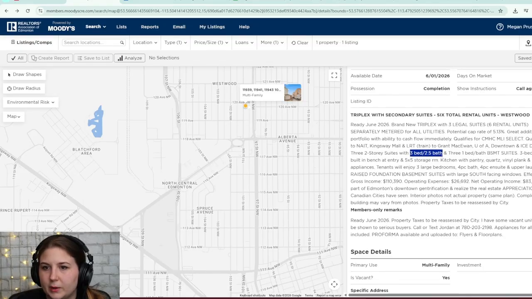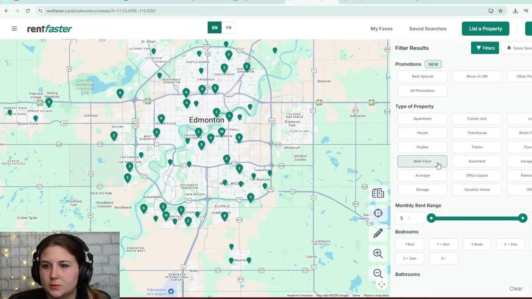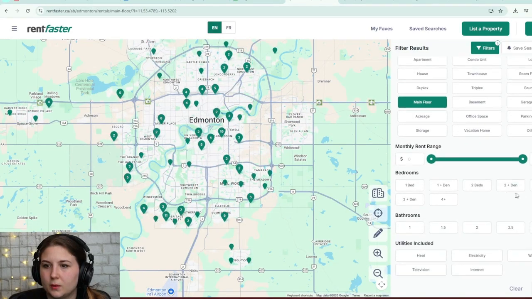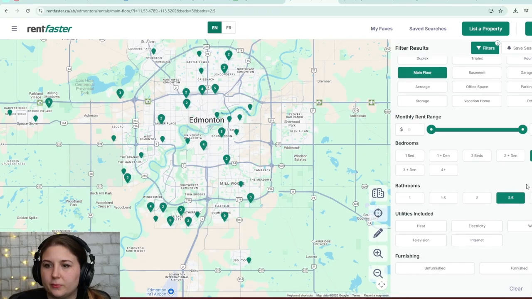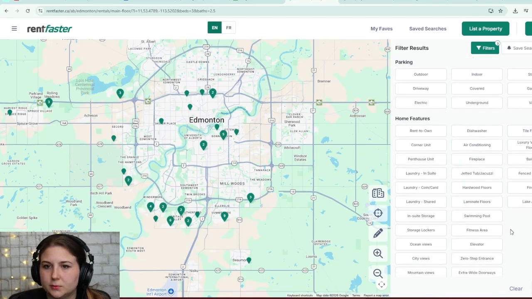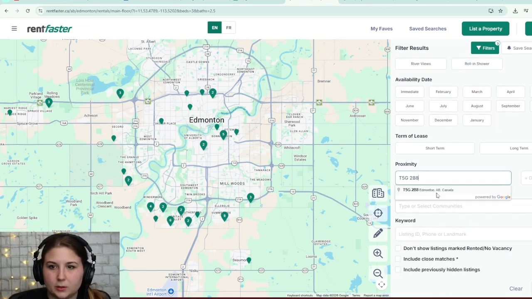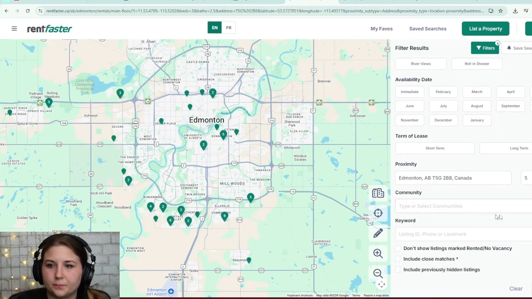3 beds, 2.5 baths up, and 1 bed, 1 bath basement. Okay. So a main floor with 3 bedrooms and 2.5 bathrooms. And we are going to put the postal code in.